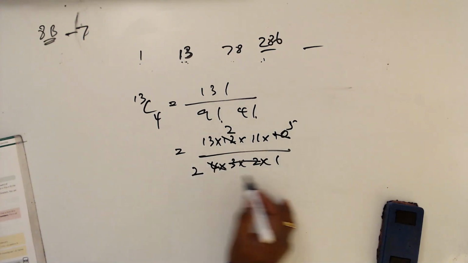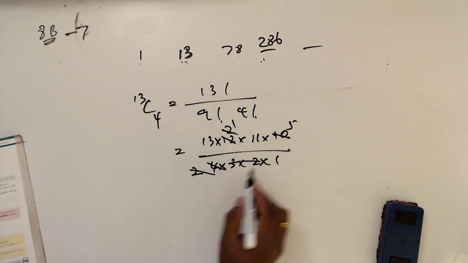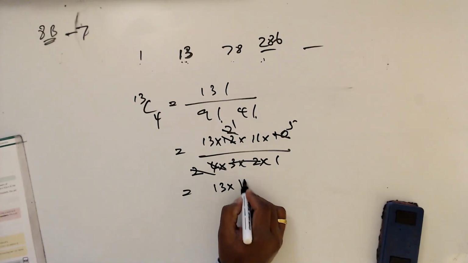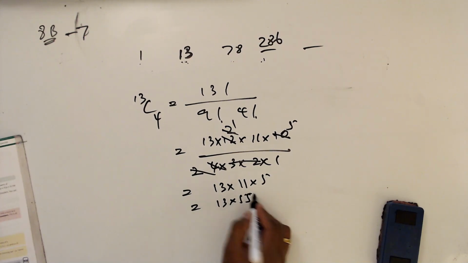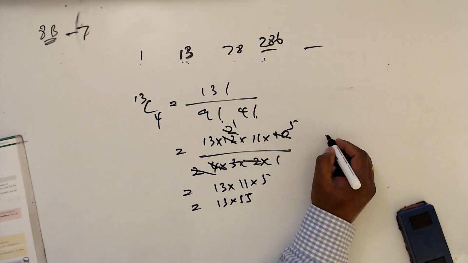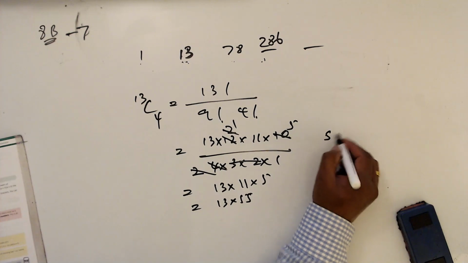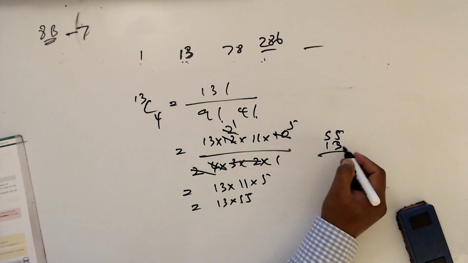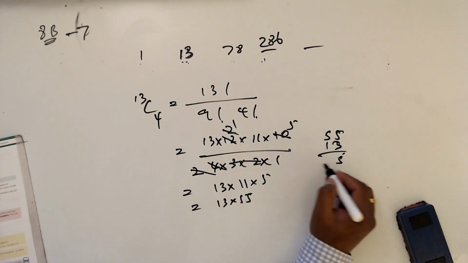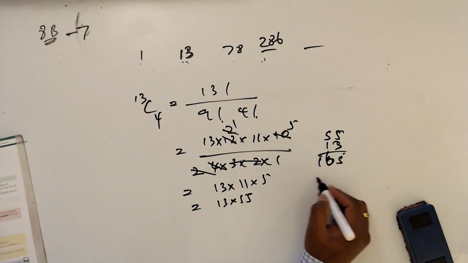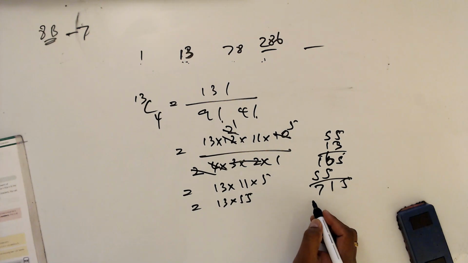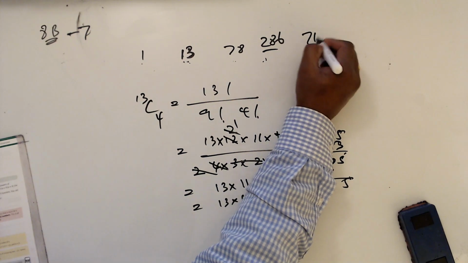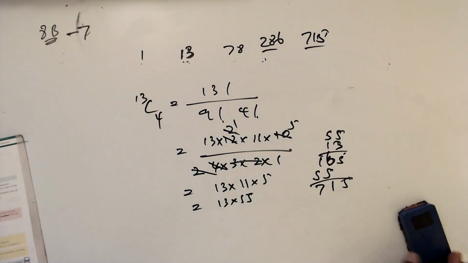I can cancel out this 2 and this 2. 13 times 11 times 5, which is 13 times 55. 55 multiplied by 13 is going to be 715.